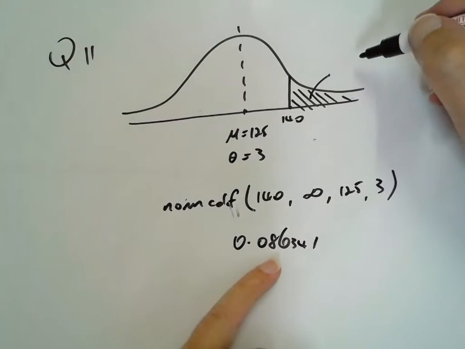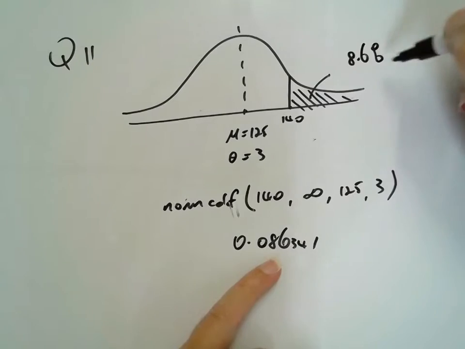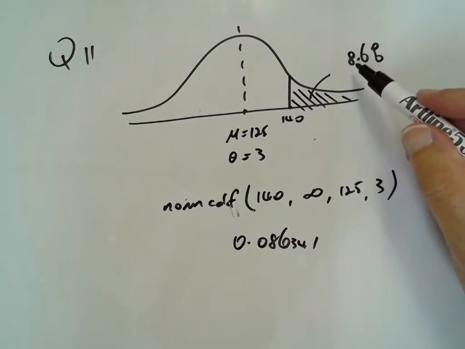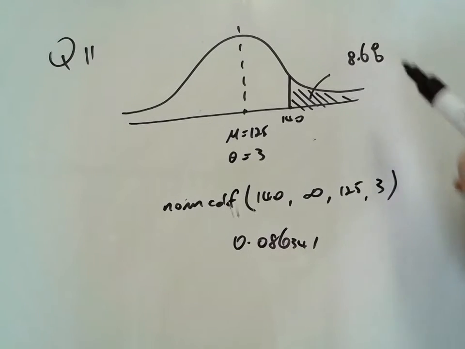So that's 8.6% of the population. So what is the probability? Not very good, is it, that you're going to get that light bulb to last that long? That's question A. Question B says less than 100 hours.